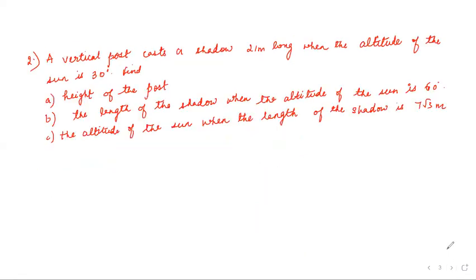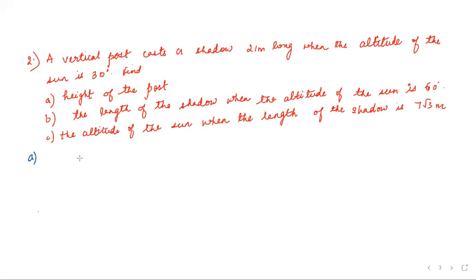Okay. Next question: a vertical post casts a shadow 21 meter long when the altitude of the sun is 30 degree. Find the height of the post. Okay, let us construct the figure.